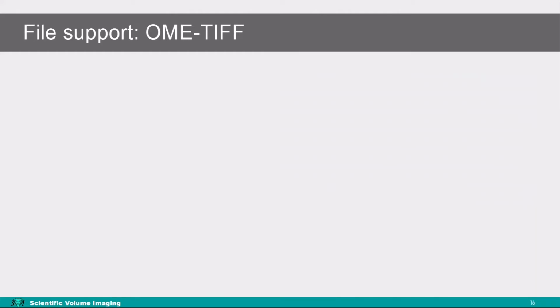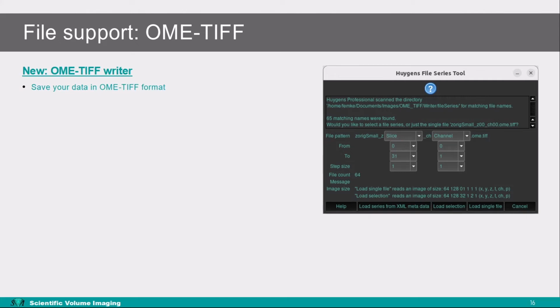We have better file support for the OME-TIFF format. There's a new OME-TIFF writer, so now you can also save your images to the OME-TIFF format. It supports up to 5D images in a single file, and unlike TIFF, you can now store the microscopic metadata as well in the same file.